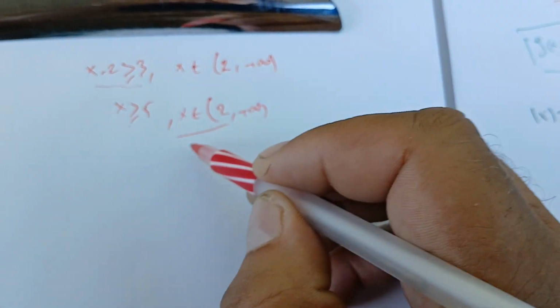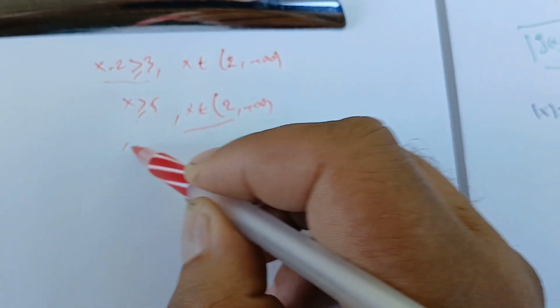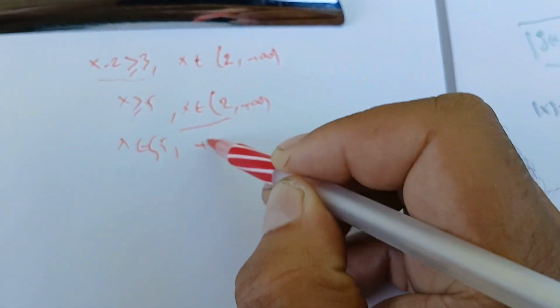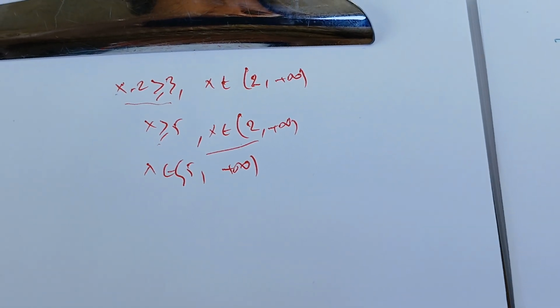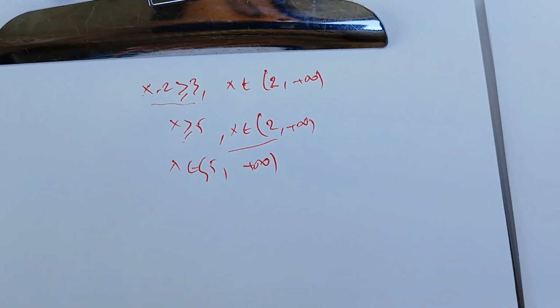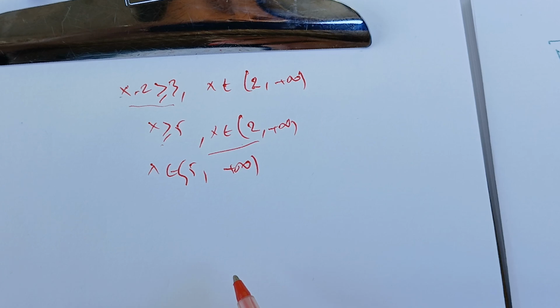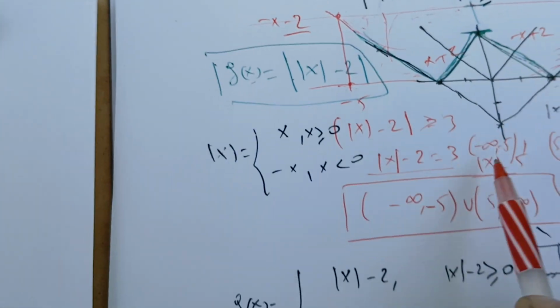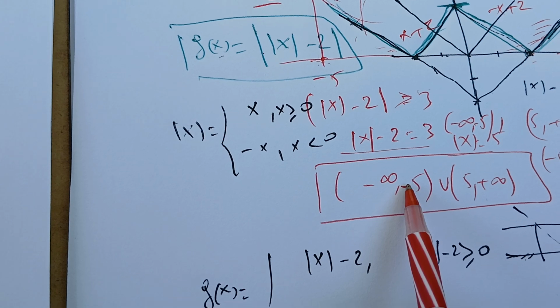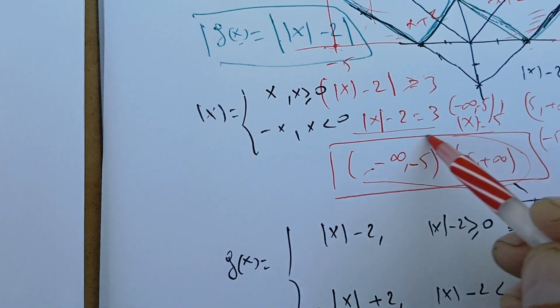That means x is in 5, plus infinity. Okay, and I can solve the other cases in the same manner, and I will get the same result that I get when I solve it graphically. I get this one here.